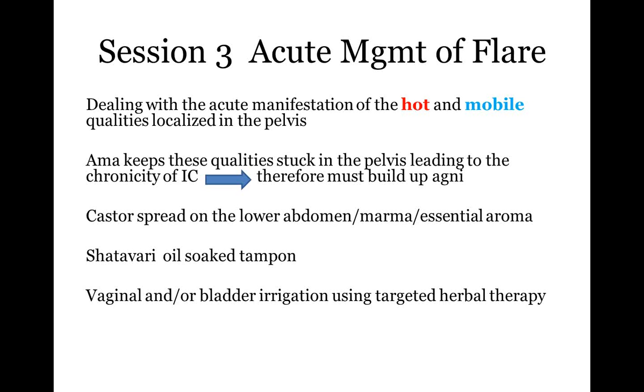And then lastly, we talked about the vaginal and or bladder irrigations that can be used to use the concept of targeted herbal therapy in terms of the management of IC.